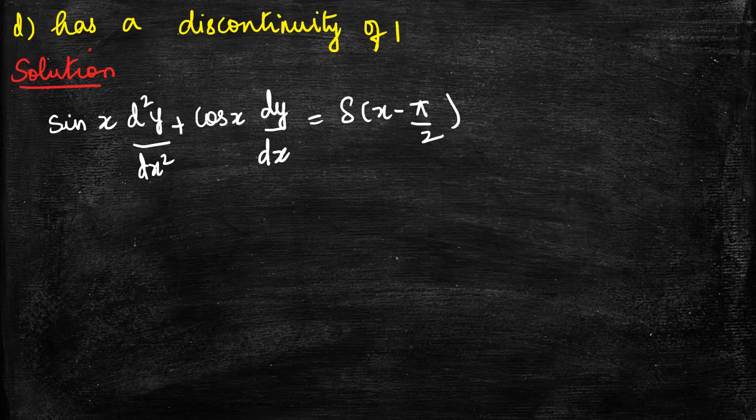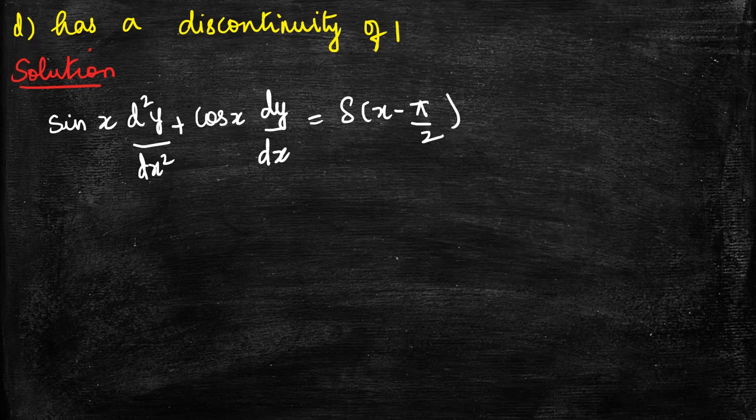This is not of the form d square y by dx square plus p of x dy by dx is equal to q of x, right? And even if you bring this sin x to the denominator, if you divide by sin x, then you'll have a tan term, then 1 by sin x delta of x minus pi by 2, which will be like a bigger problem to solve, a lengthier one.